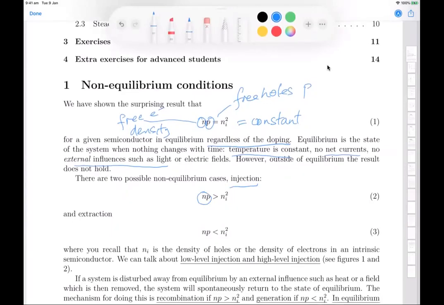And the opposite case is extraction, where the NP product is less than Ni squared. Now we can talk about low-level injection, which is the main form of injection we'll be looking at in this unit. But in comparison, there is also high-level injection.